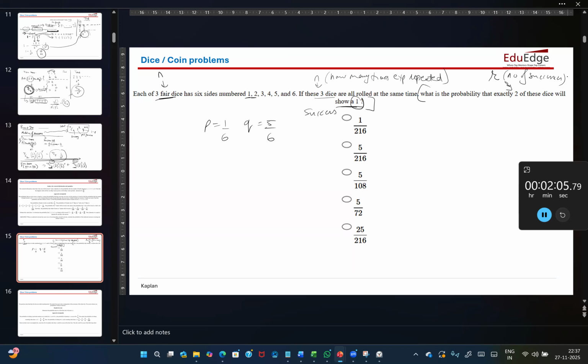Okay. Now, if I try the other way that you had said, 3 fair dice are rolled at the same time. If they show a 1.